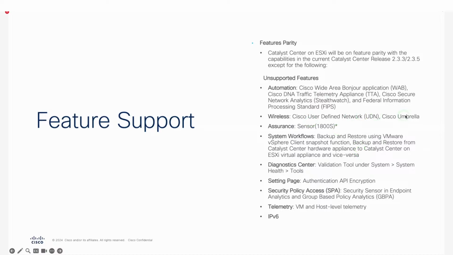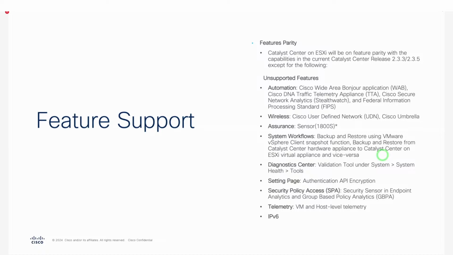There's no support for Umbrella or user-defined network for wireless. The sensors, remember, have already reached their end of sale, so they're not supported on the Catalyst Center on ESXi. Some of the workflows to do backups using a snapshot, or doing the backup or restore from a Catalyst Center hardware appliance, are not supported yet, but they're on the roadmap as well.